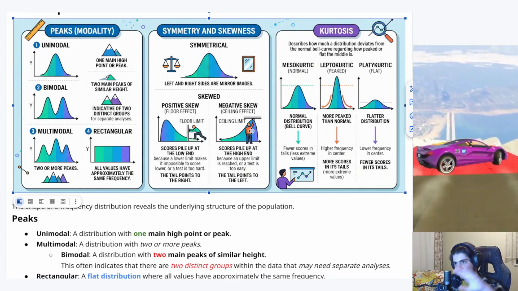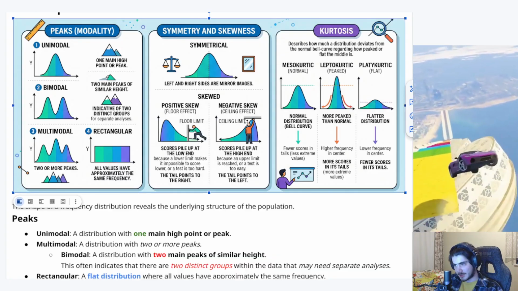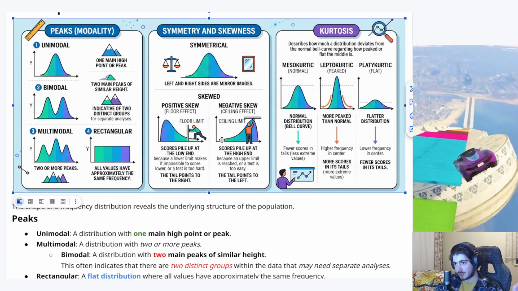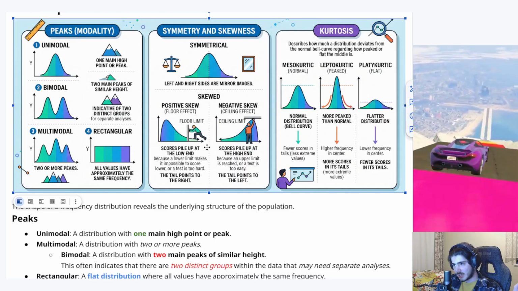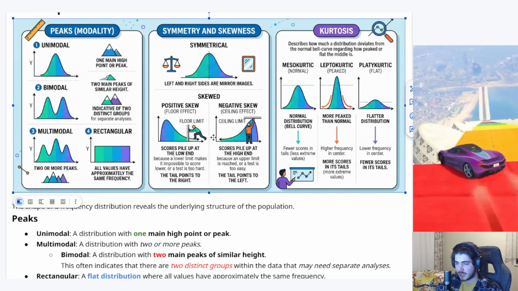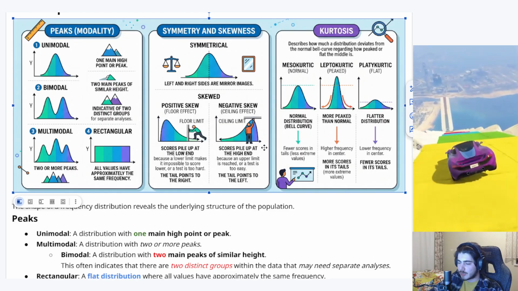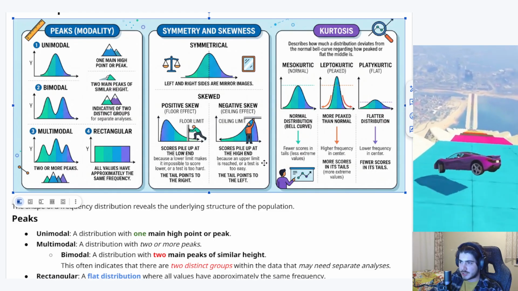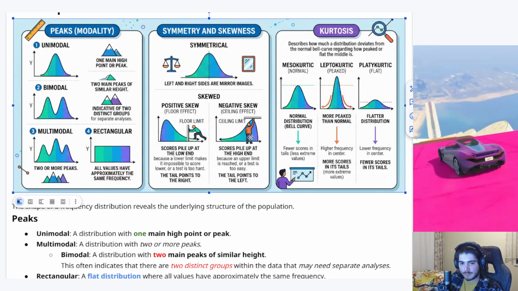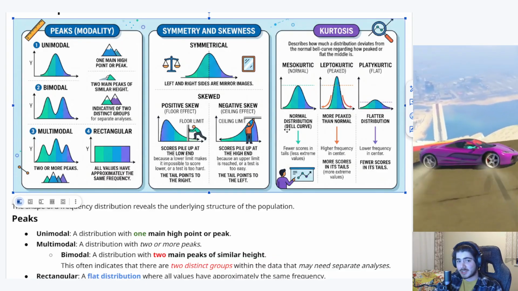If it points to the left side, then it's a negative skew, because the scores at the negative side are skewing your data. I don't know if it's understandable.